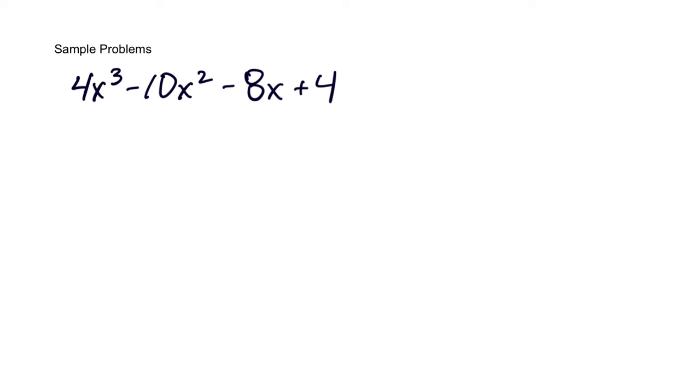So what does that look like when we combine them all together? So first of all, is 4x cubed minus 10x squared minus 8x plus 4, is this a polynomial? Yes, polynomial, because I have whole number exponents and I do not have any variables in the denominator. They're all in the numerator. How many terms do I have? I have 4 terms. So it's a 4-term polynomial.